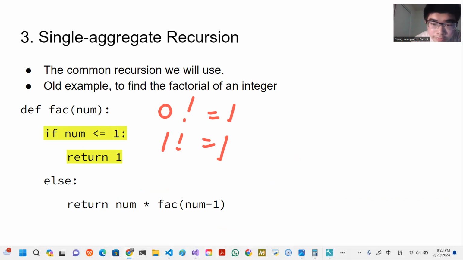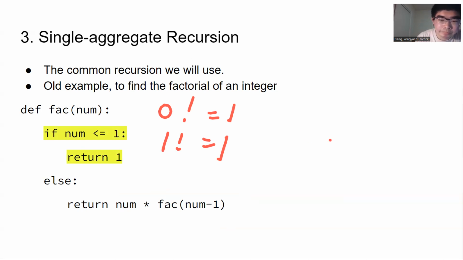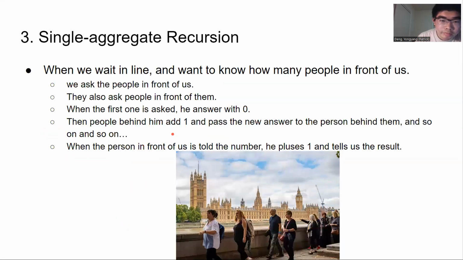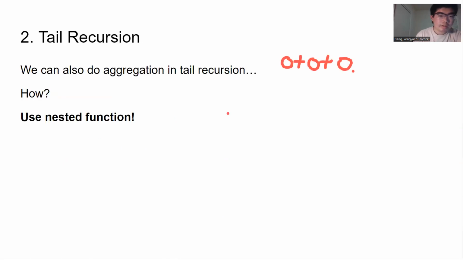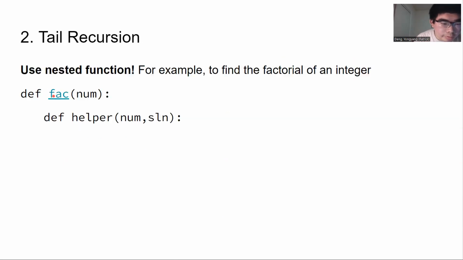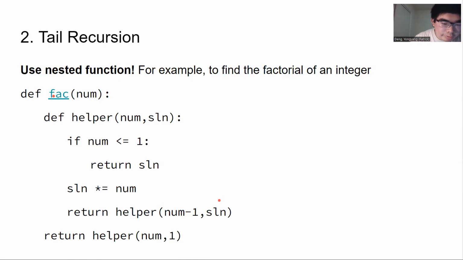Okay, questions? What's the reason for using a nested function in the last example? Using the nested function is because we are not going to do the aggregation in the factorial.